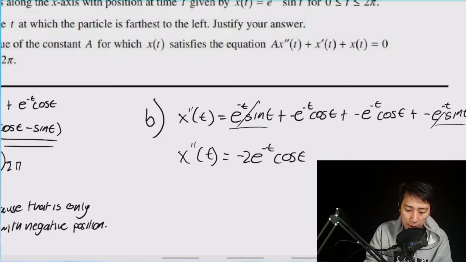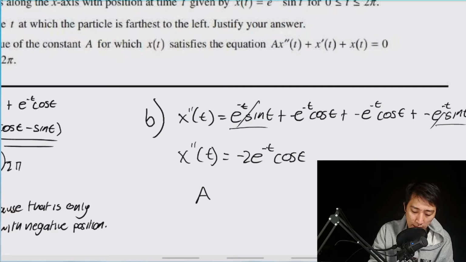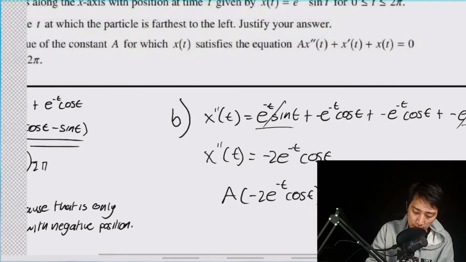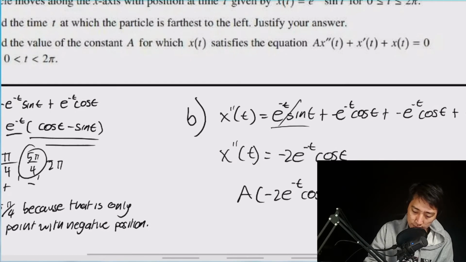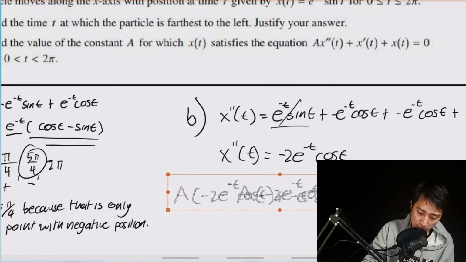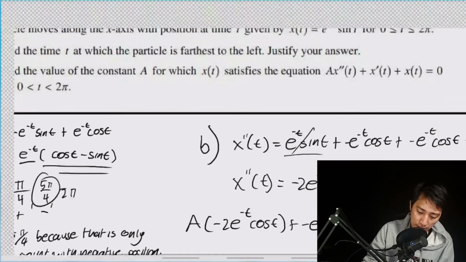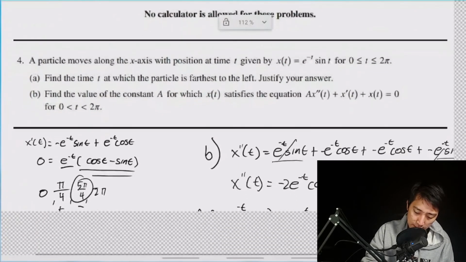Okay, so that's x double prime of t. So now we're going to say a times this negative 2 e to the negative t cosine t, plus negative e to the negative t sine t plus e to the negative t cosine t, plus x, so what was my x?